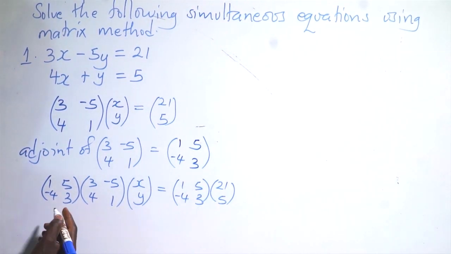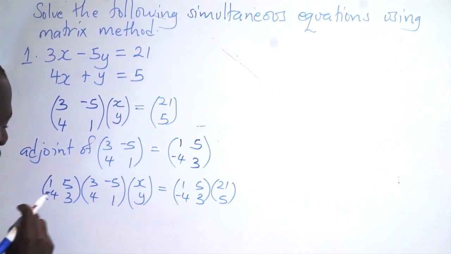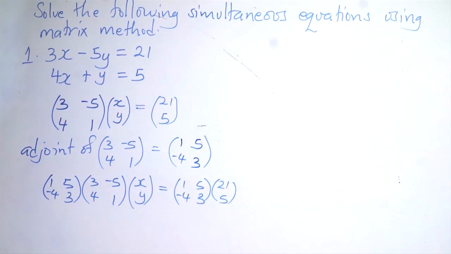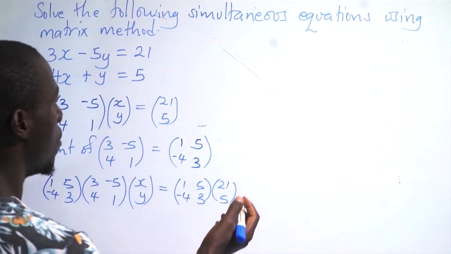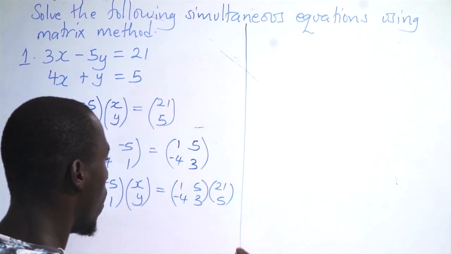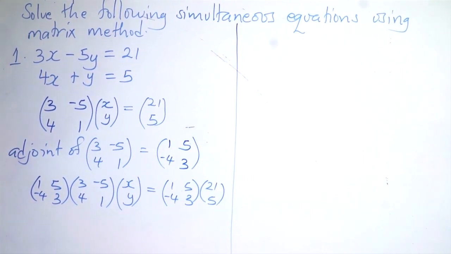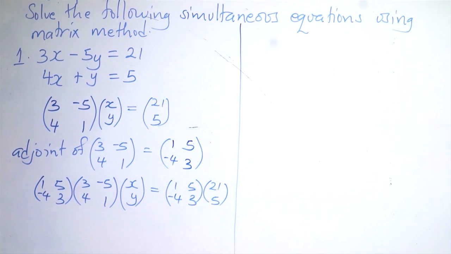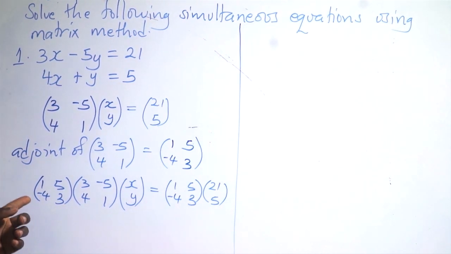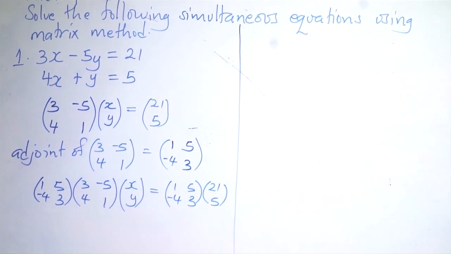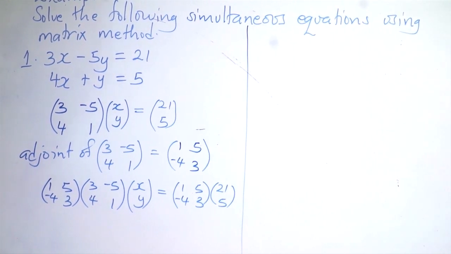Then I begin to multiply those two matrices and also multiply those two matrices, row by column. So here you need to know how to multiply the matrices, and then how to get the adjoint of a given matrix.